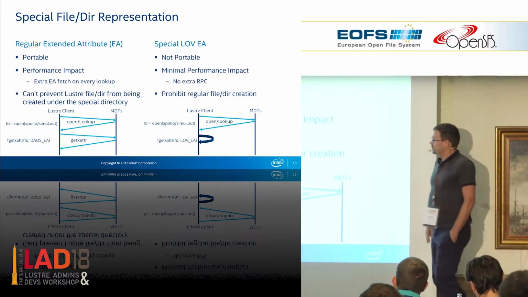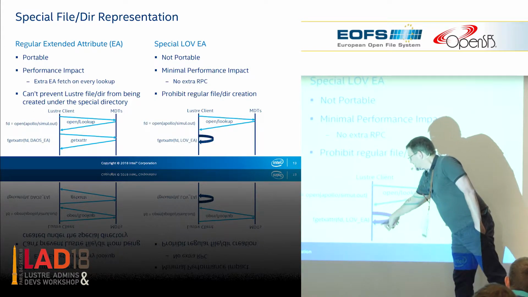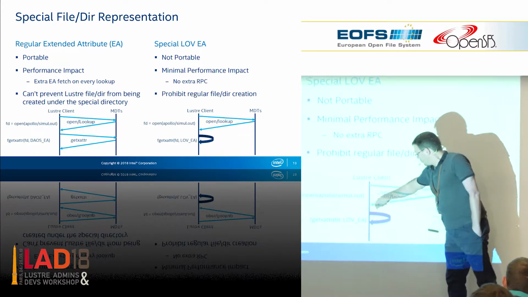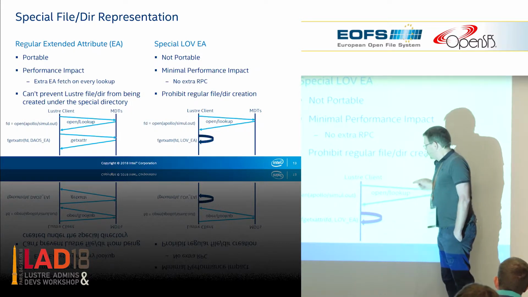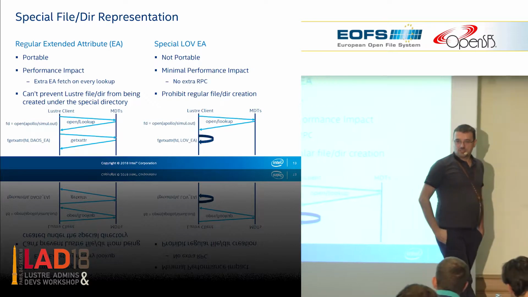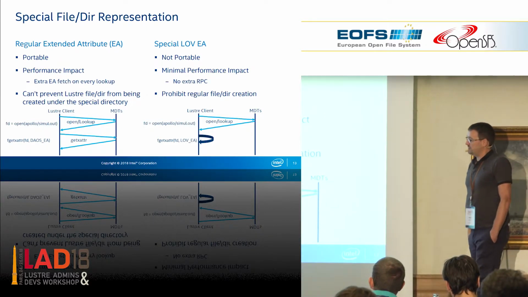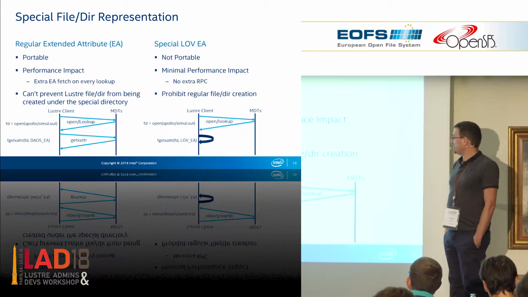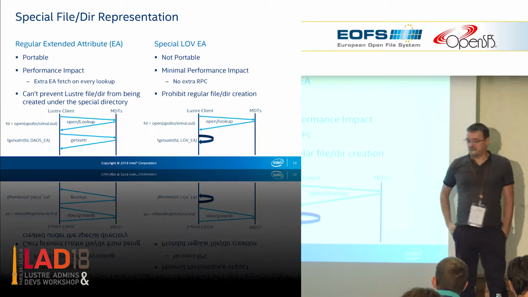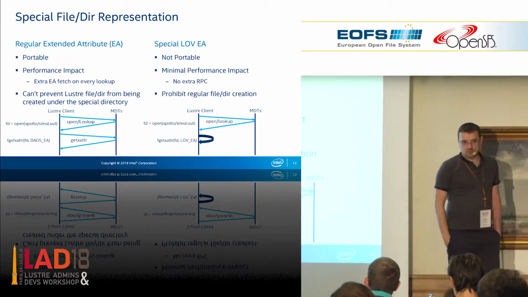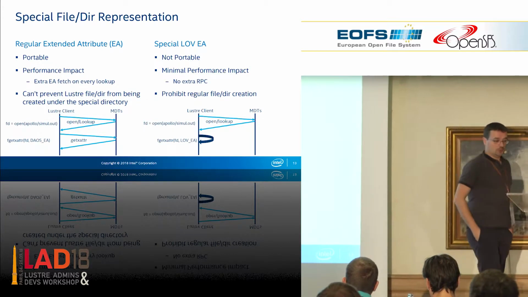So when we issue the extra getxattr from the I/O forwarding server, there won't be another round trip to the MDT, given that open and lookup already fetch those attributes. So very minimal performance impact, almost nothing. And also, with this special layout, we can prevent regular file and directory creation under this special directory, which is obviously something we definitely want to do.